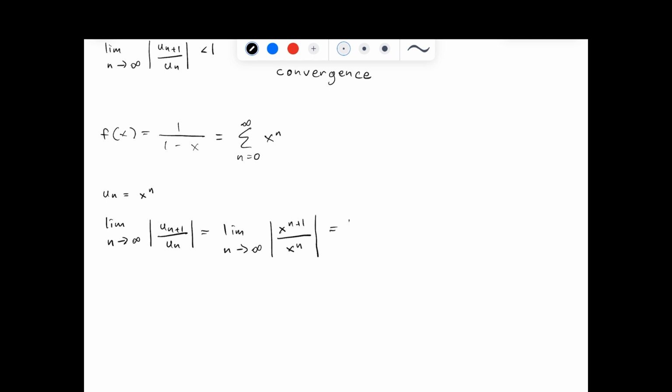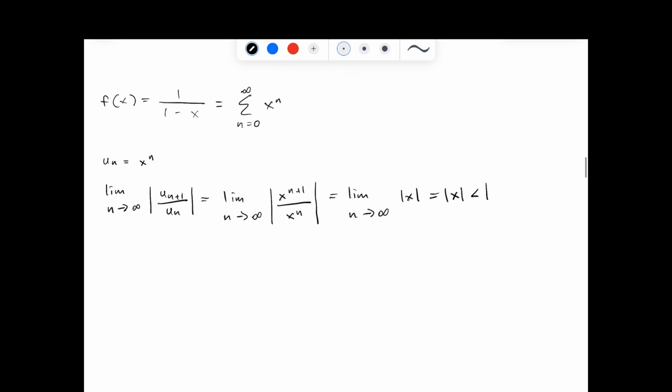And this becomes the limit as n approaches infinity of the absolute value of x, which is simply the absolute value of x. And if we consider that this has to be less than 1, then we get the interval -1 to 1. And we know that in that restricted interval, we're going to have absolute convergence.